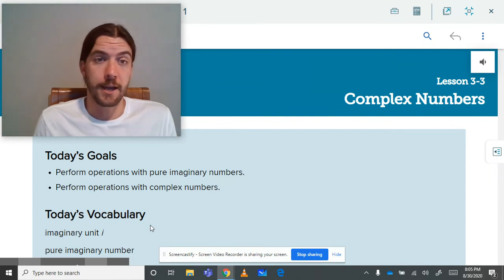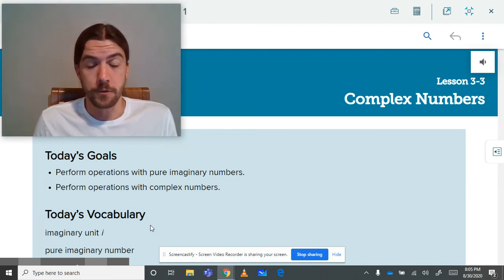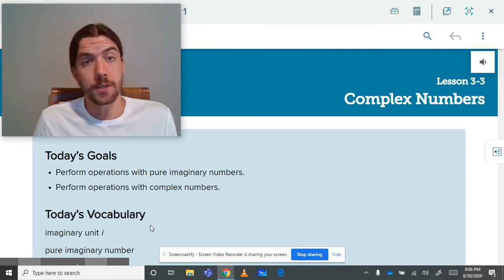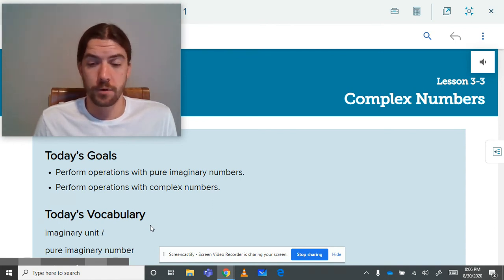To say that I have 5 apples and I take away 7 and now I have negative 2 apples, you're never going to be able to point to negative 2 of something. And you're never going to be able to point to i units of something either. However, negative 2 is a very useful concept, and i turns out to be a very useful concept too.